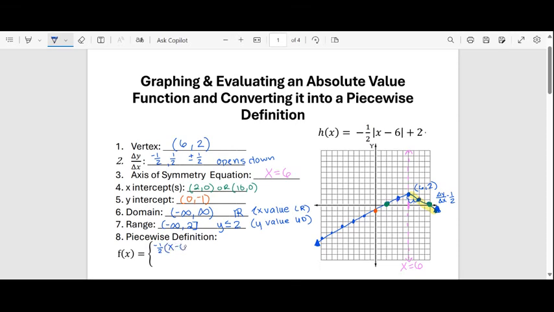I'm doing -6 because in my equation, I want to do the opposite of what my x value is. So my x value is 6. The opposite of 6 is -6. Then I'm going to add 2 on the end. You may notice it is almost identical to the absolute value equation. The only difference is that we're using parentheses instead of absolute value bars, because we're talking about a straight line.